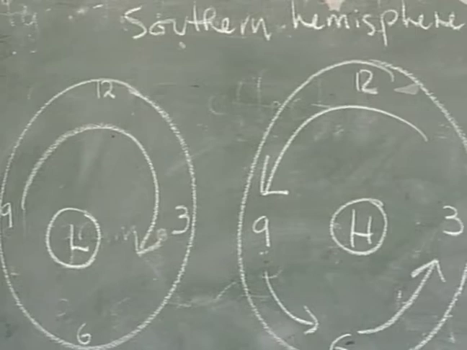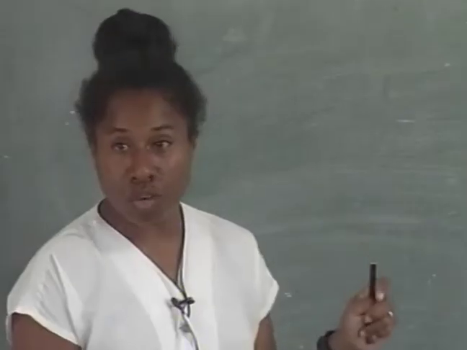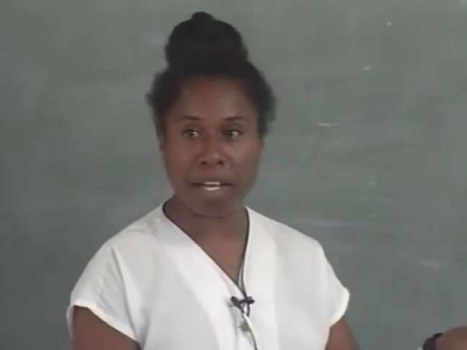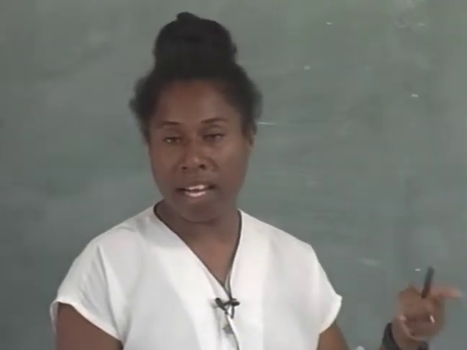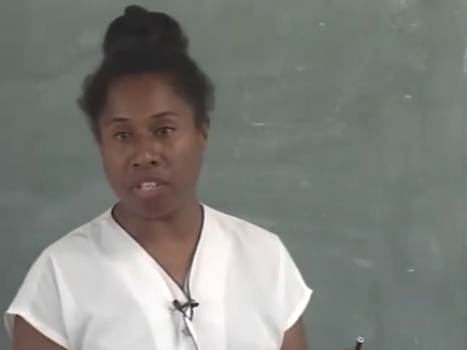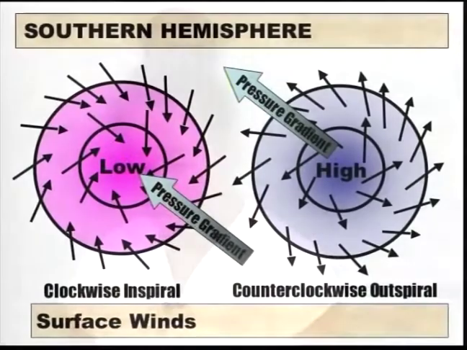If we have to look at a diagram to show us the spiraling impact or effect of air into the low pressure and out of the high pressure in the southern hemisphere, our diagram would look like this. A low pressure area, the air is actually spiraling into the low in a clockwise direction. This is the southern hemisphere.